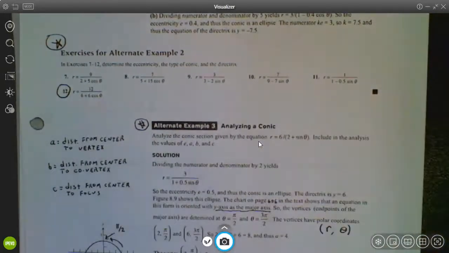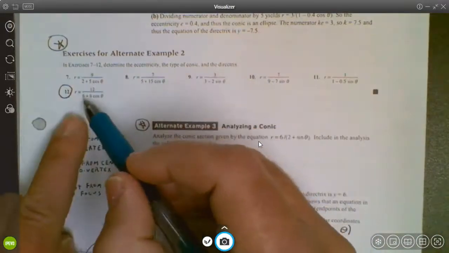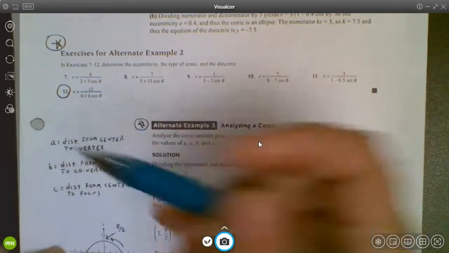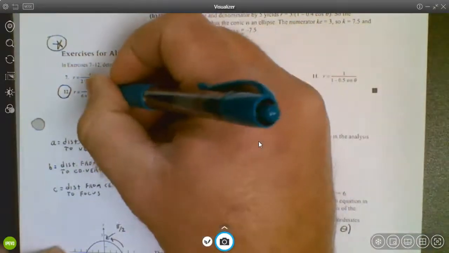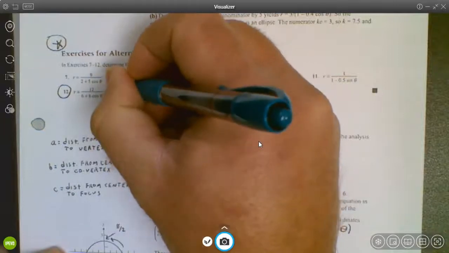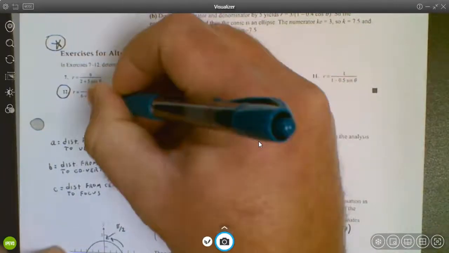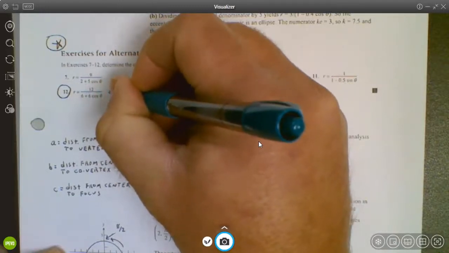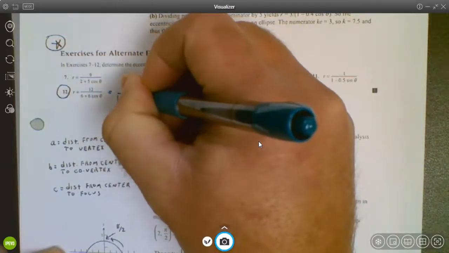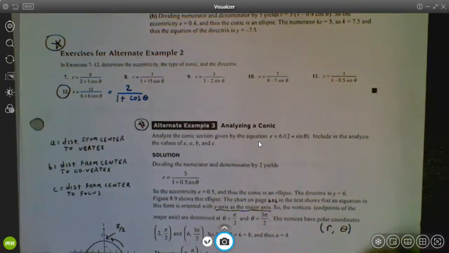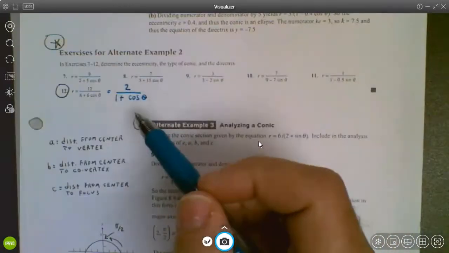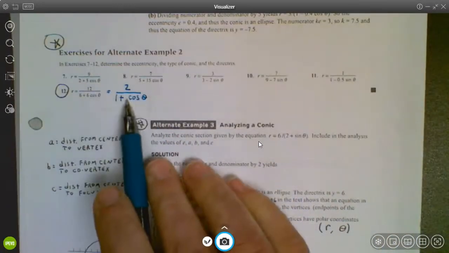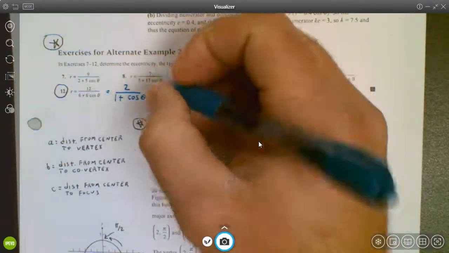So again, the first thing we would look at is the constant, which is a 6. I want this to be a 1, so we divide everything by 6, and it becomes this look right here. So right off the bat, the first thing we can tell is my eccentricity is 1, because there's no other value there.